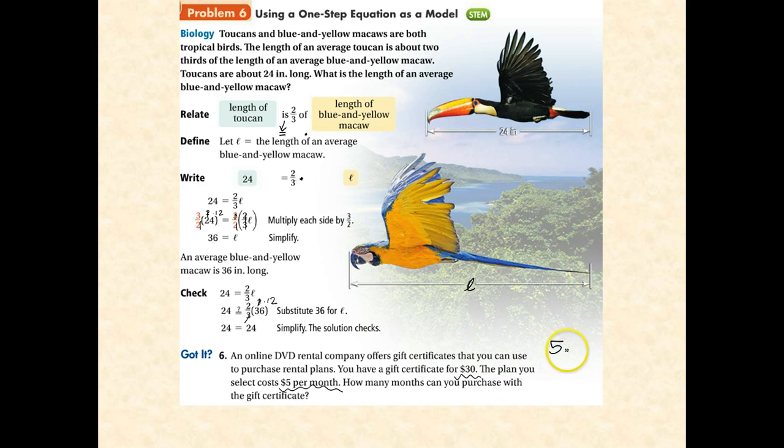So we have $5 times the number of months equals $30. We can divide both sides by 5, and we get m equals 30 divided by 5, which is 6. So we can do 6 months.